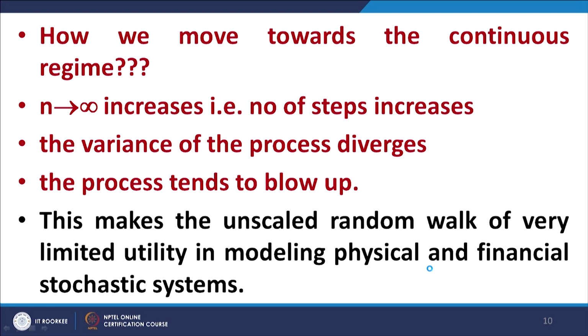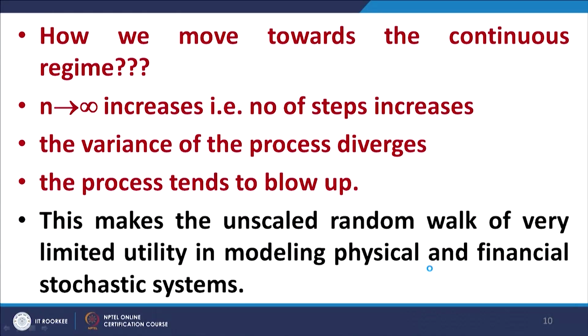Now, recall that for an n step binomial tree over time capital T, the mean is given by 0 and the variance is given by n. Now, how do we implement this program of moving from discreteness to continuity?